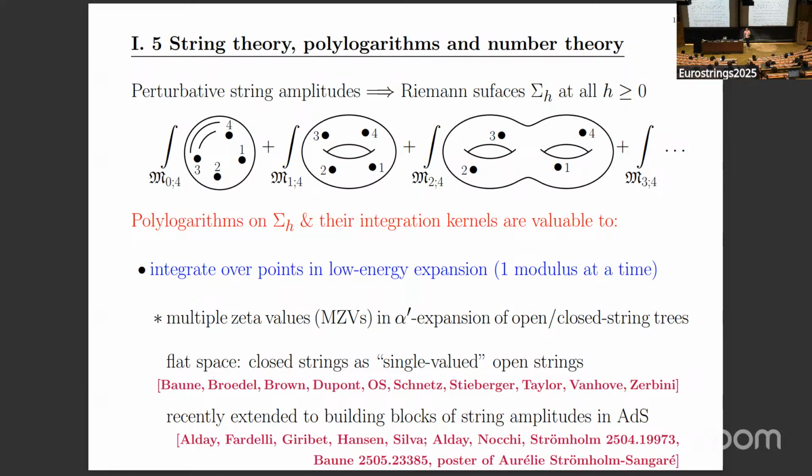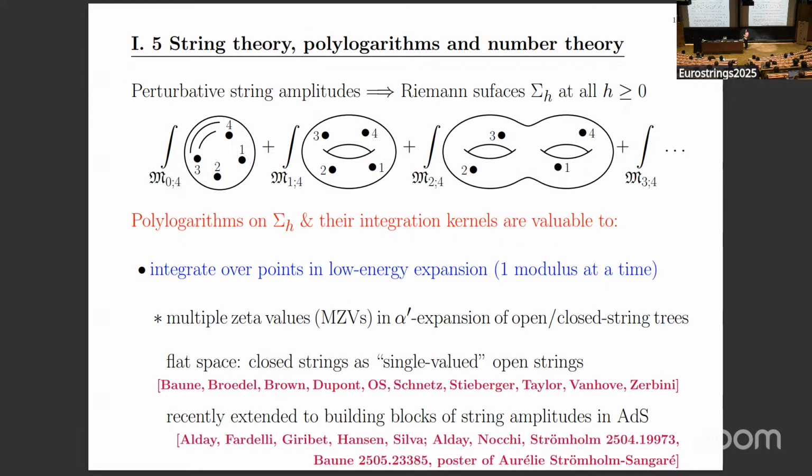So this information, for instance, reveals that closed strings are single-valued open strings. This is a certain number theoretic rule for how the multi-zetas in an open string calculation are projected to those multi-zetas that survive in the closed string result.